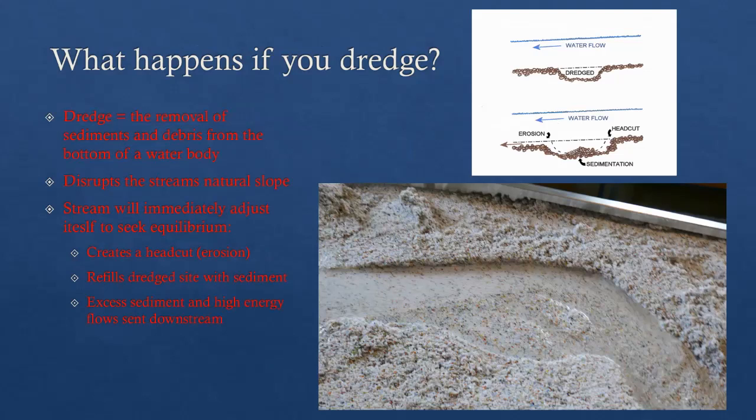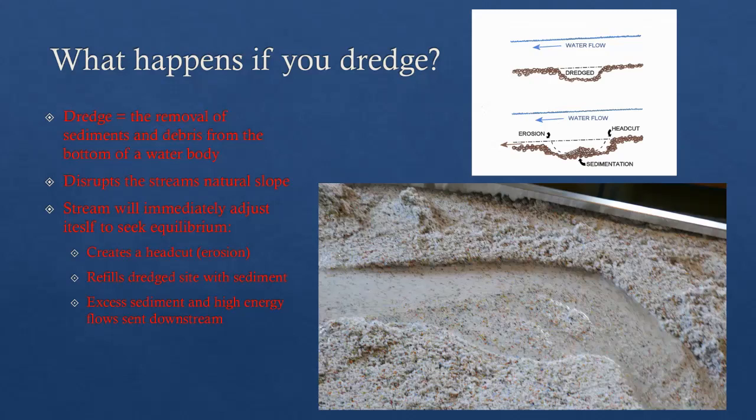So when we go in and create a hole in the stream bed, it's not going to be a very stable stream anymore, and it's going to adjust accordingly. What you're going to see in this video is I'm going to take out that point bar that you see. You're immediately going to notice what is called a head cut. So instead of eroding the sides of the banks, it's going to start eroding up the channel. And again, that's kind of a slope maintenance type thing.